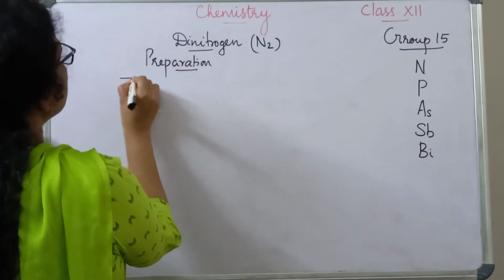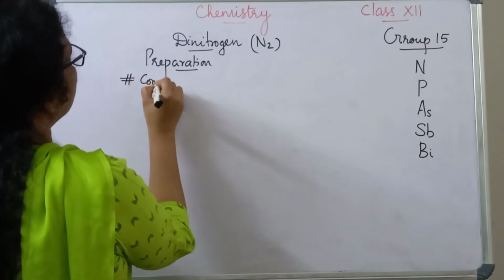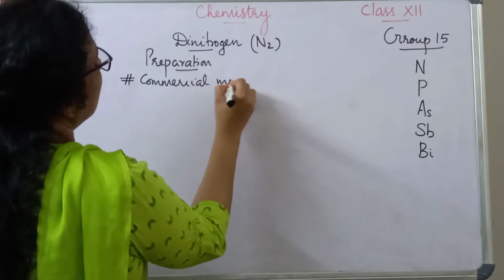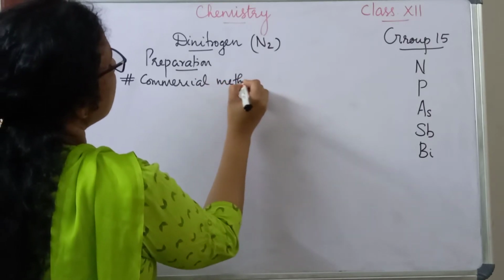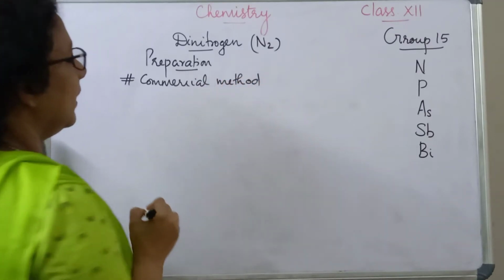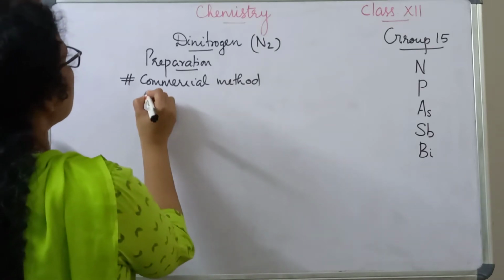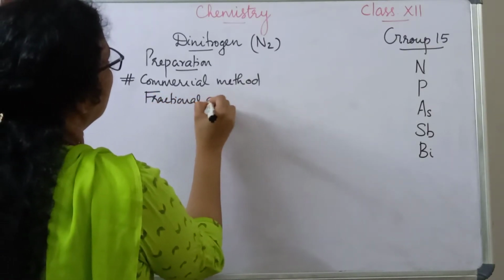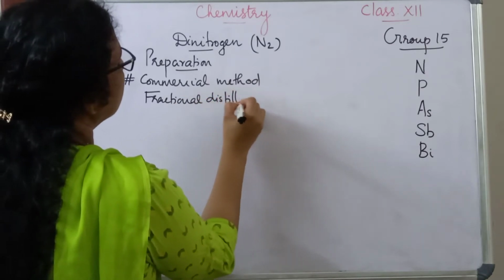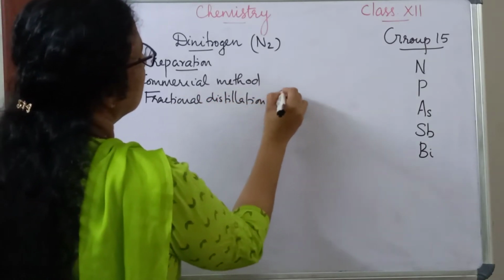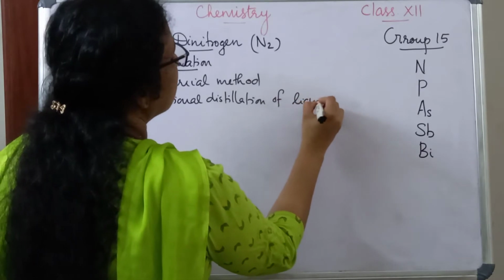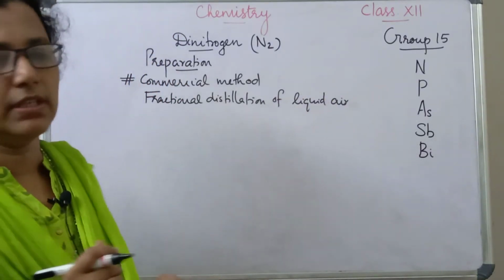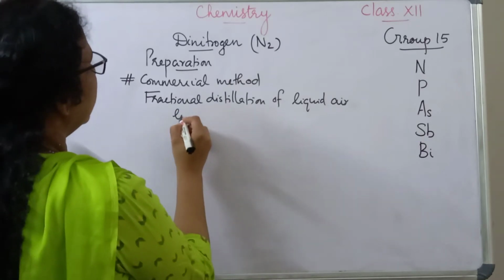First method is the commercial method of preparation. Commercially, nitrogen can be produced by using fractional distillation of liquid air. So liquid air on fractional distillation, we will get liquid nitrogen.